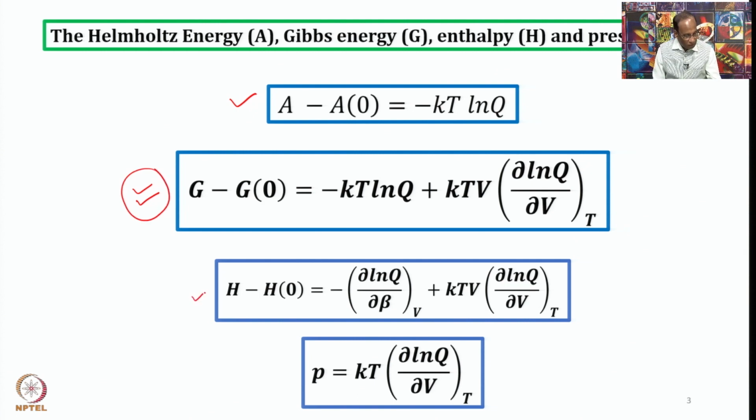Later on, we connected the canonical partition function with enthalpy and pressure. Almost all thermodynamic quantities now have been connected with the canonical partition function. And we have already discussed how to recover the molecular partition function from the canonical partition function.